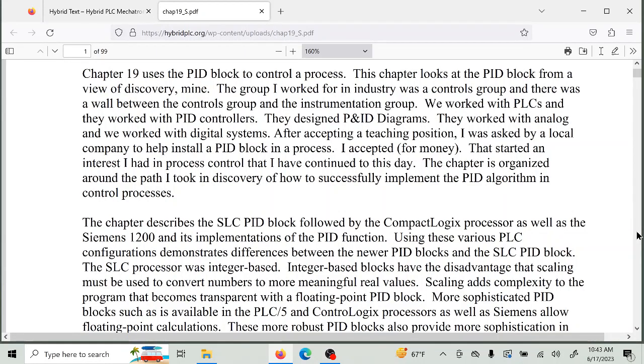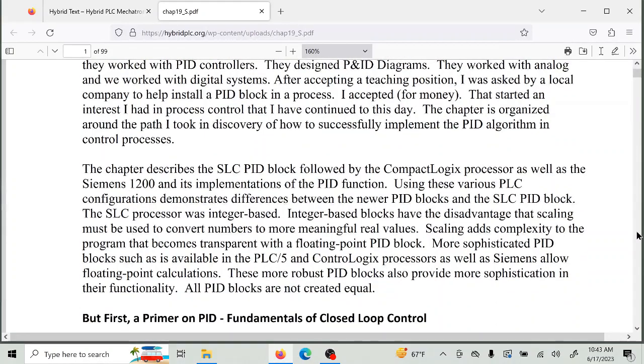So I started out with the SLC from Allen Bradley, then I went to the Compact Logix processor, and I also went to the Siemens 1200 processor. One of the early experiences I had in industry was with Modicon, and I'll talk briefly about that, but basically my experiences have been with the SLC, then the Compact Logix, and then the Siemens.